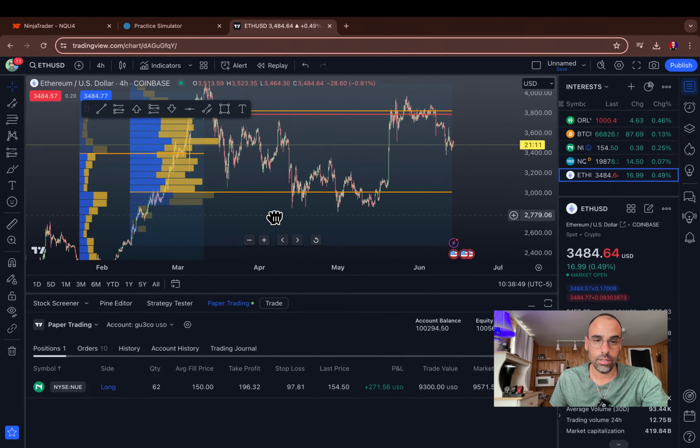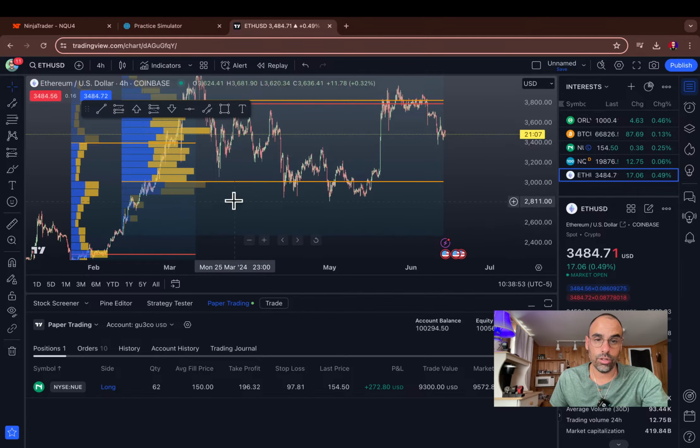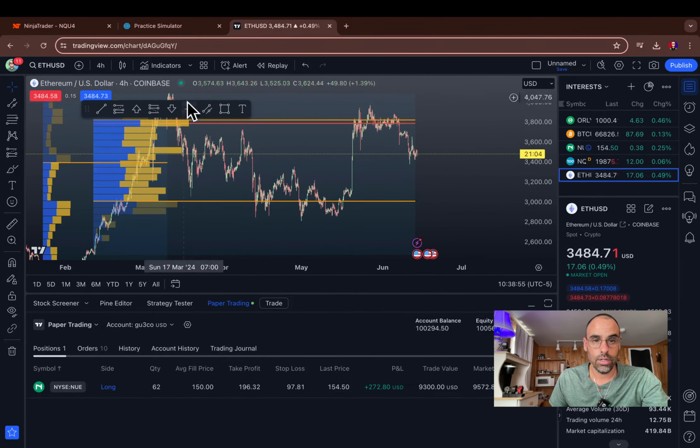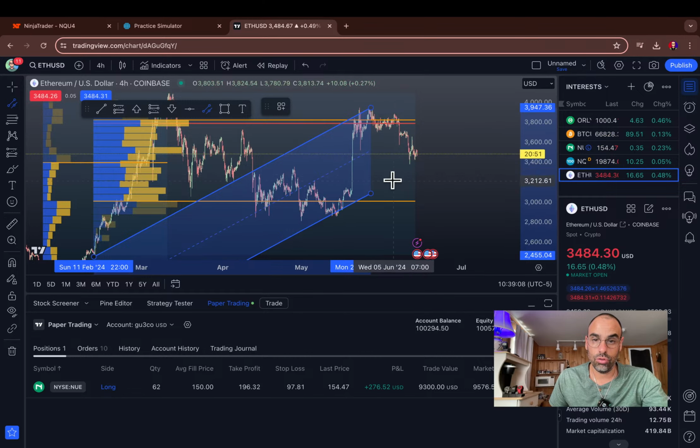Okay, we'll go with this one. This is the one we used last, so we're gonna take that with a parallel channel and go to the highest it's been recently, like right here. Boom. And then we go to maybe where it is right now.